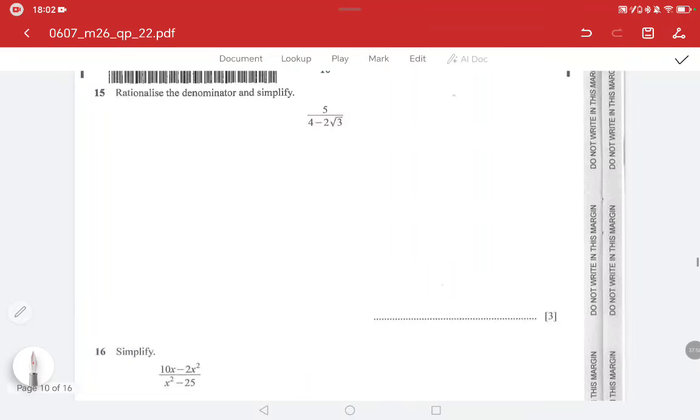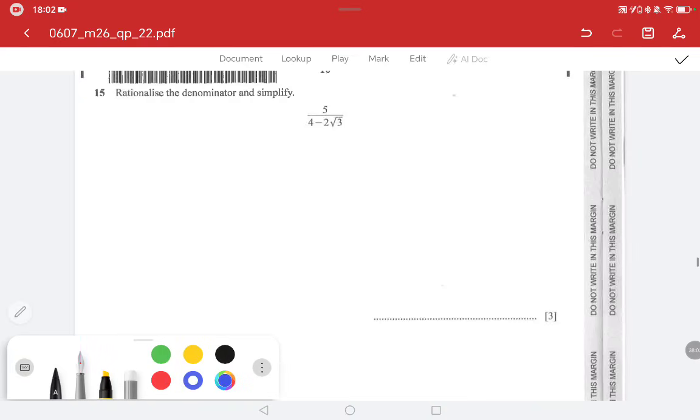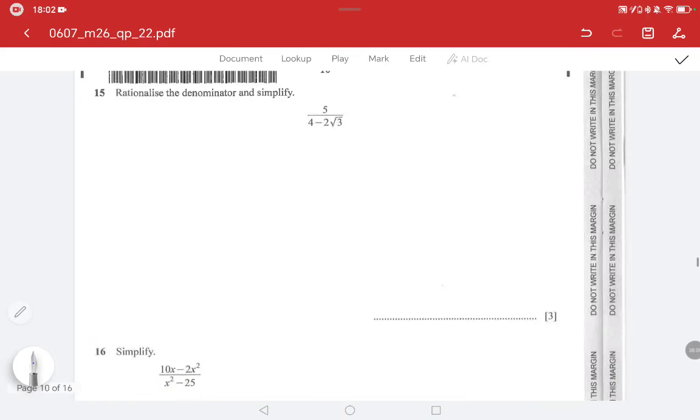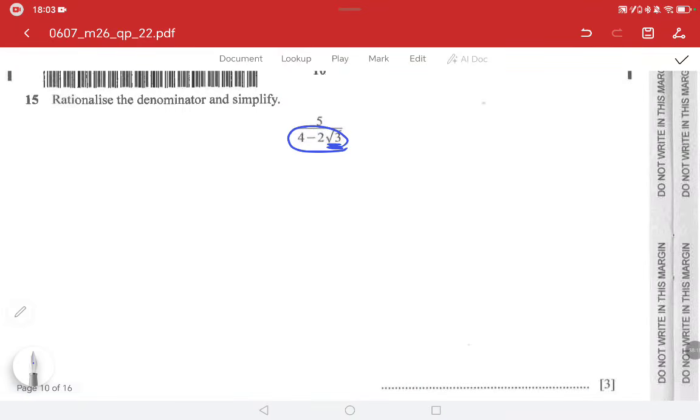Now the most popular question in exam, and you should find a similar question in your exam tomorrow, is rationalize the denominator. So this denominator, what we have here, is irrational because you have square root of 3. You want to rationalize, it means you want to remove the square root of 3 and to make it something rational. How we do that?